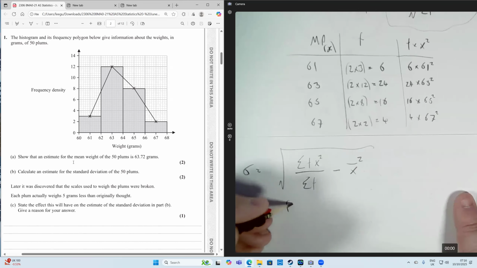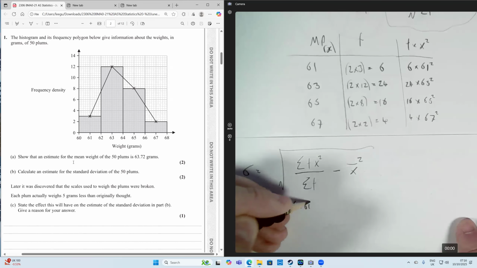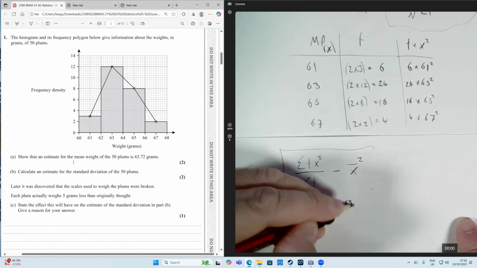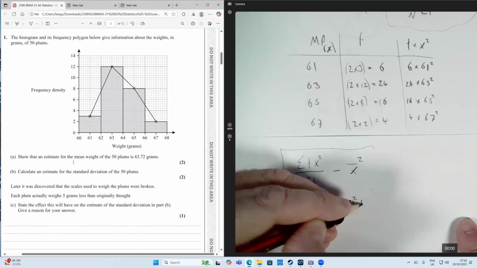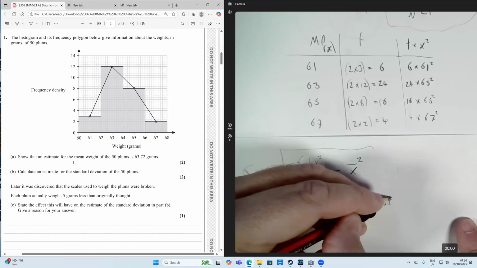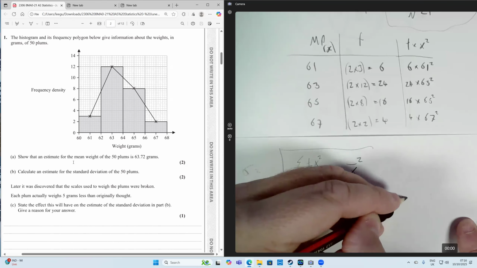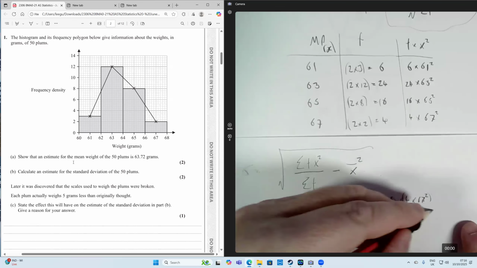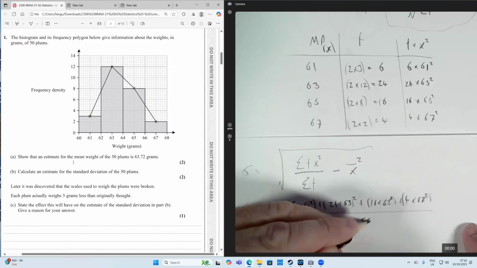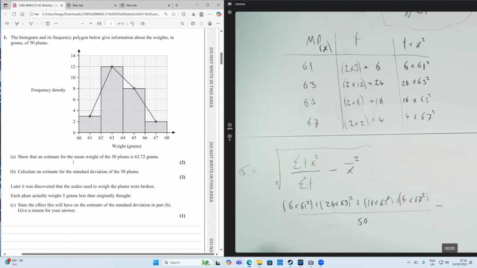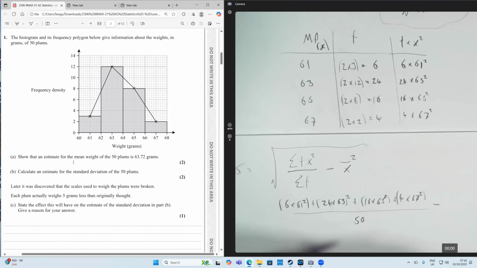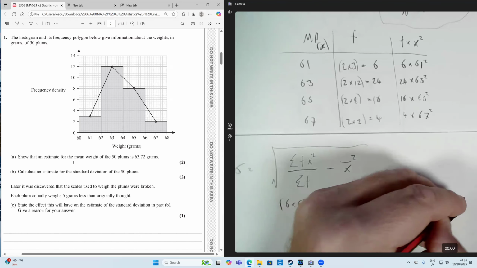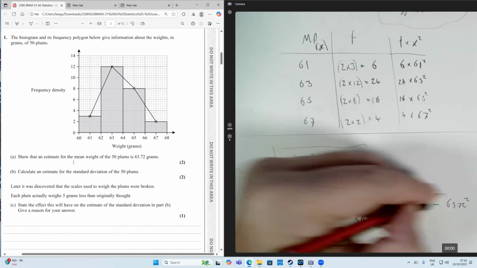So we need to work out 6 times 61 squared plus 24 times 63 squared plus 16 times 65 squared plus 4 times 67 squared, all over 50 plums added together, minus our mean squared, and our mean was 63.72. So 63.72 squared, the square root of that whole thing.